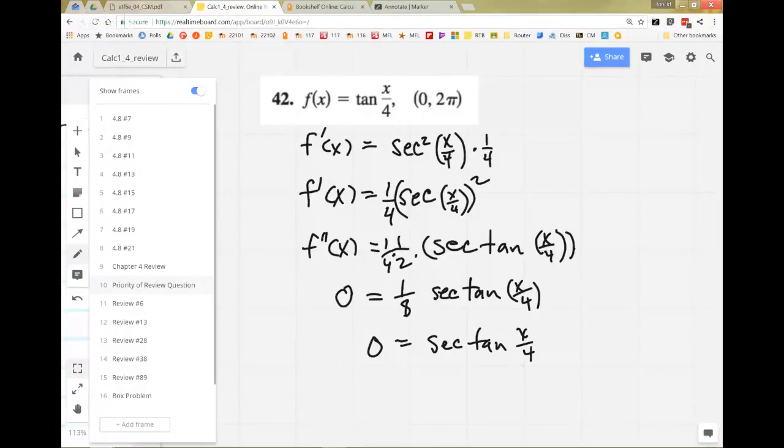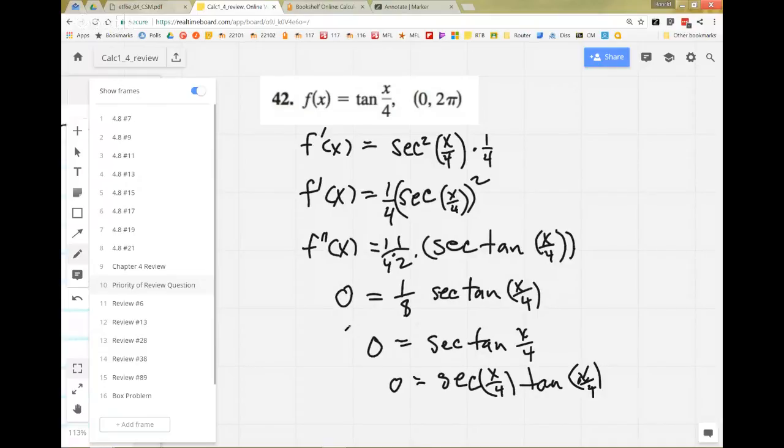Okay, let me think through this. Secant tangent. That should be secant. Yeah, let me rewrite that. That should be 0 equals secant x over 4 times tangent x over 4.